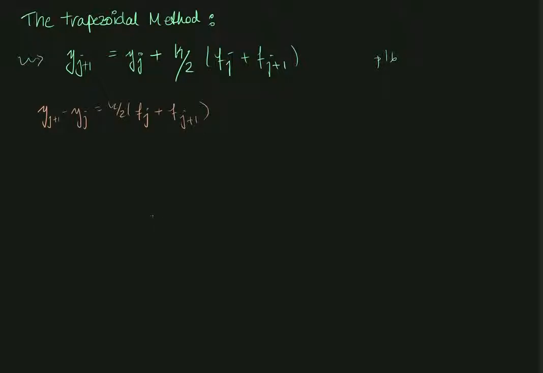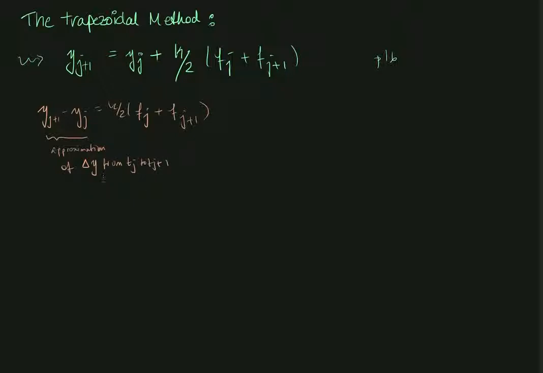And this actually means that our approximation of, or not y prime, actually this is more like our approximation of delta y from t_j to t_{j+1}.